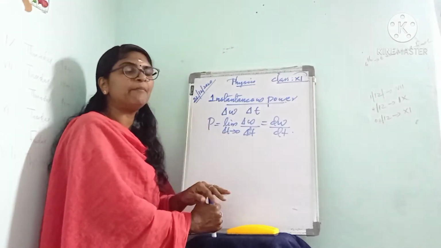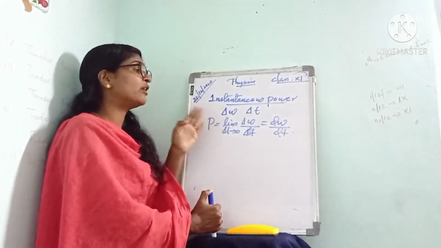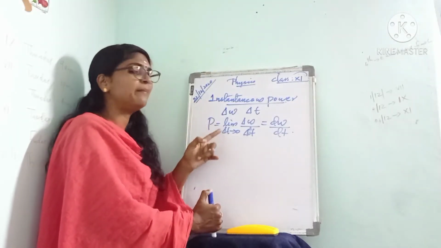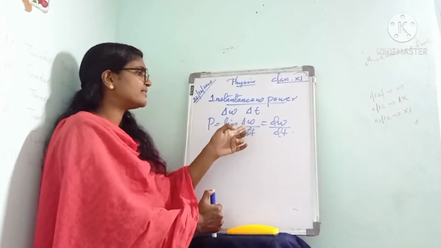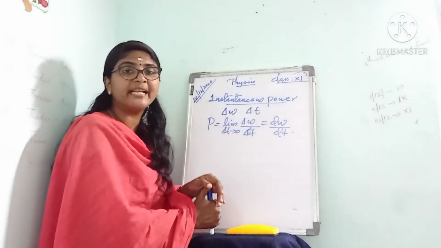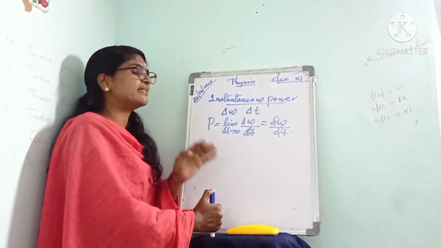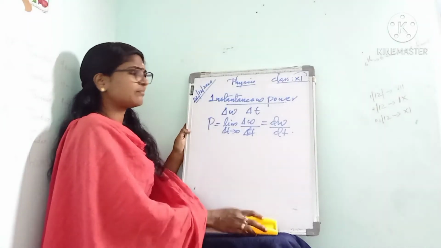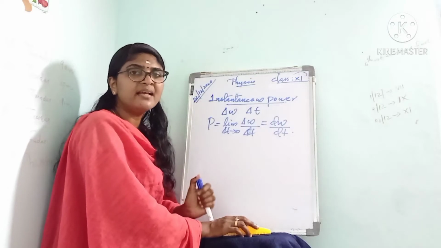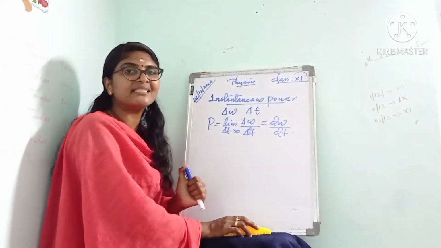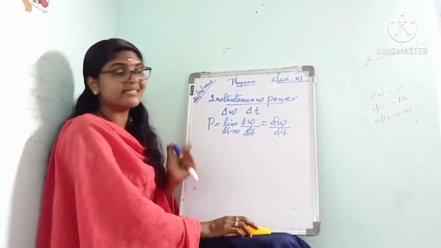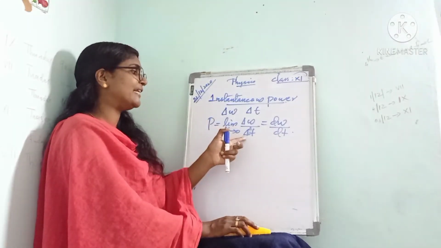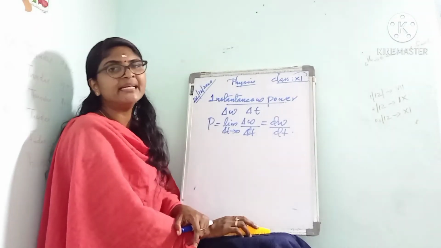Here let delta W be the work done during a small interval of time delta T. Then the instantaneous power P can be expressed as P is equal to the limit as delta T tends to 0 of delta W by delta T, which takes the form dW by dt. That is about the instantaneous power.